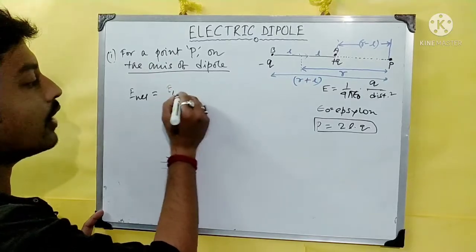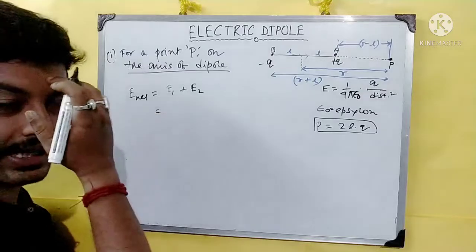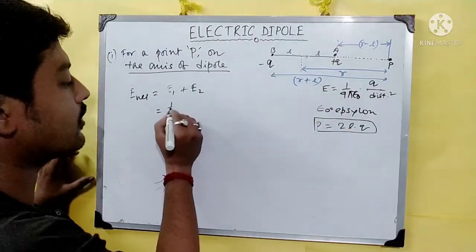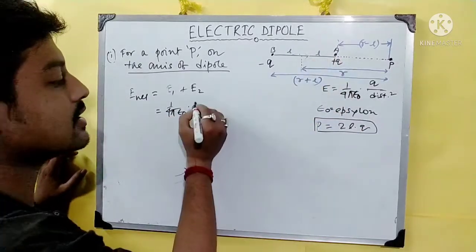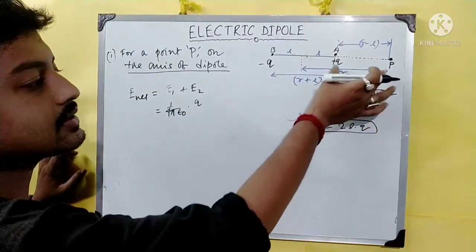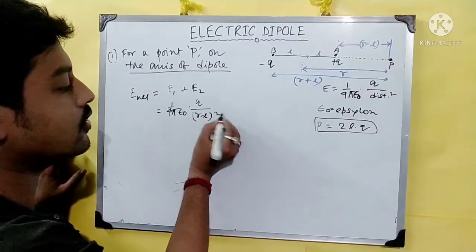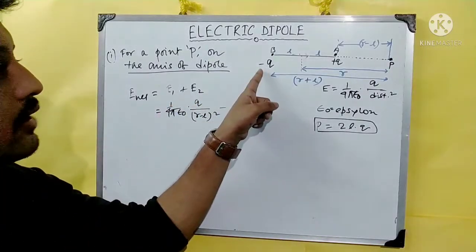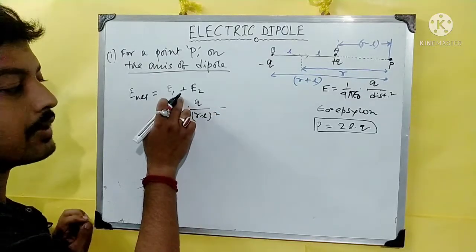It will be E1 plus E2, E1 for the positive charge, E2 for the negative charge. For the positive charge, E1's expression will be 1 by 4 pi epsilon 0 into q, the positive charge, and distance is r minus L whole square, minus, because for E2 the charge is minus q, it will become minus, although it is written plus over here.